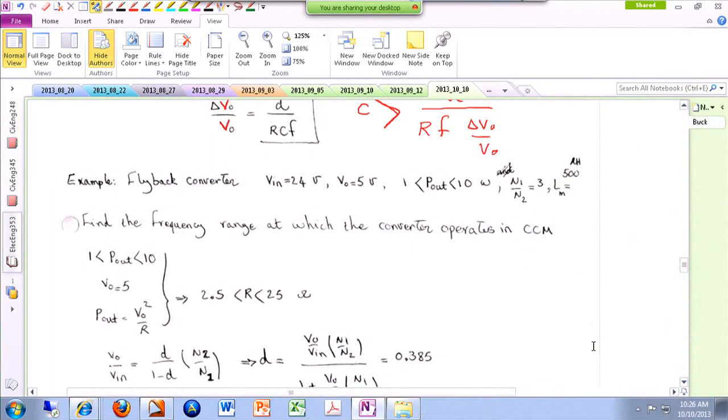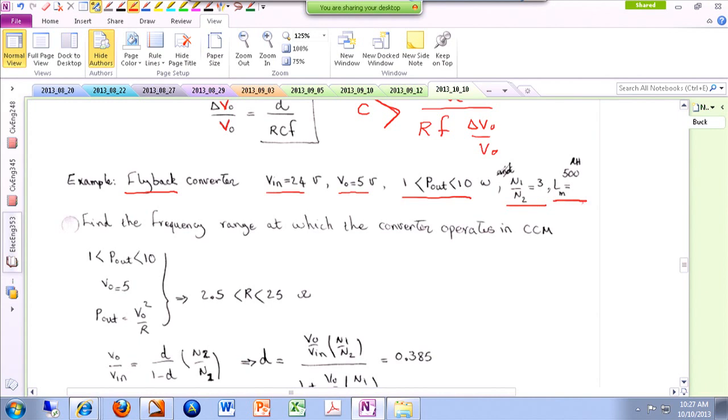We are supposed to consider this flyback topology that we just analyzed, and the input voltage is 20 volts, the output voltage is 5, and the output power is variable between 1 watt to 10 watts. The number of turns has already been selected, and 1 over N2 should be 3. So it's like a step down kind of transformer, because the number of turns on the primary side is higher.